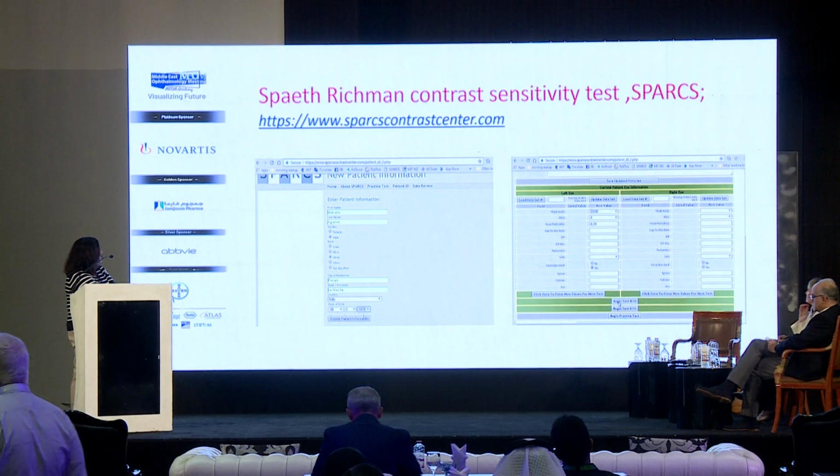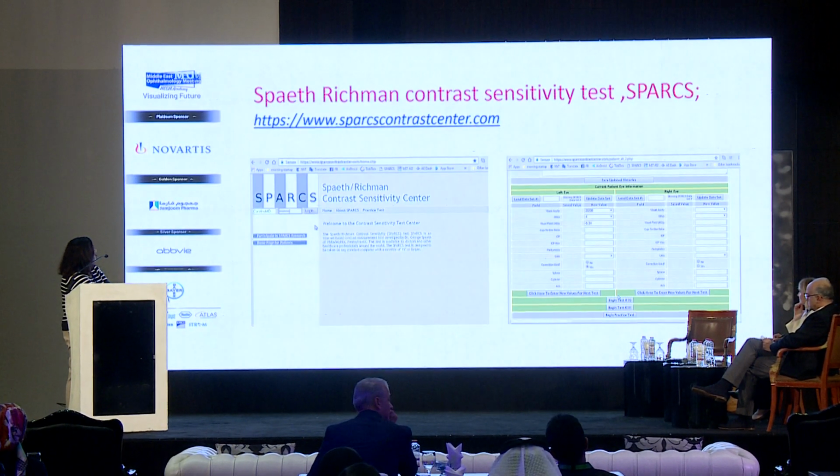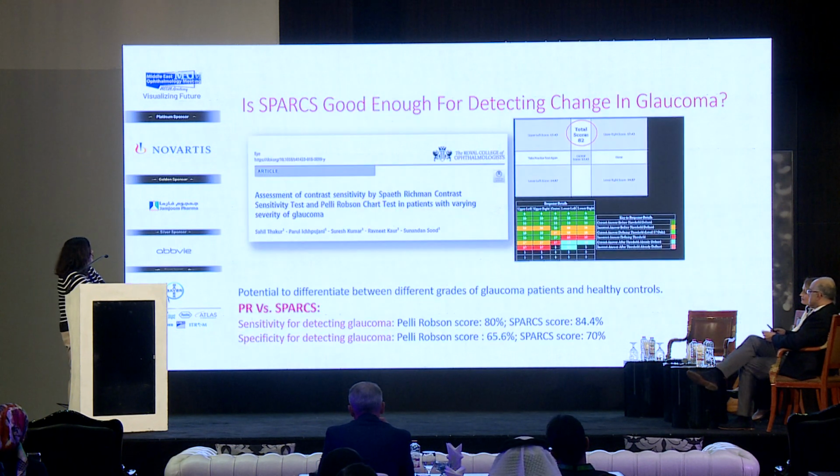What you get is a printout with 4 peripheral quadrants and a central quadrant. All the peripheral quadrants are given a score of 20 each, and the central quadrant is also scored 20. So we have a total score of 100. Normally you, me, and anybody who doesn't have glaucoma or any other disorder will have a score of 75 or above, but those with disease will have lower scores.